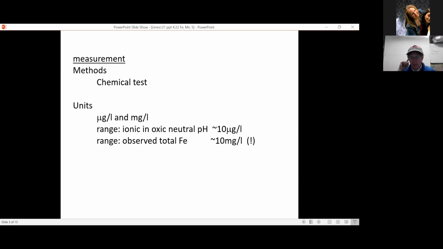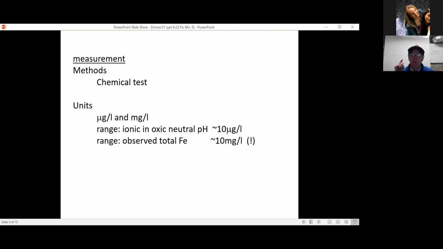And that's different from how you would measure conductivity, salinity, like with a meter. There's no meter. Now, in chemistry lab, you can use fancy chemical equipment to measure it. And hopefully in something like environmental chem, you might talk about that.